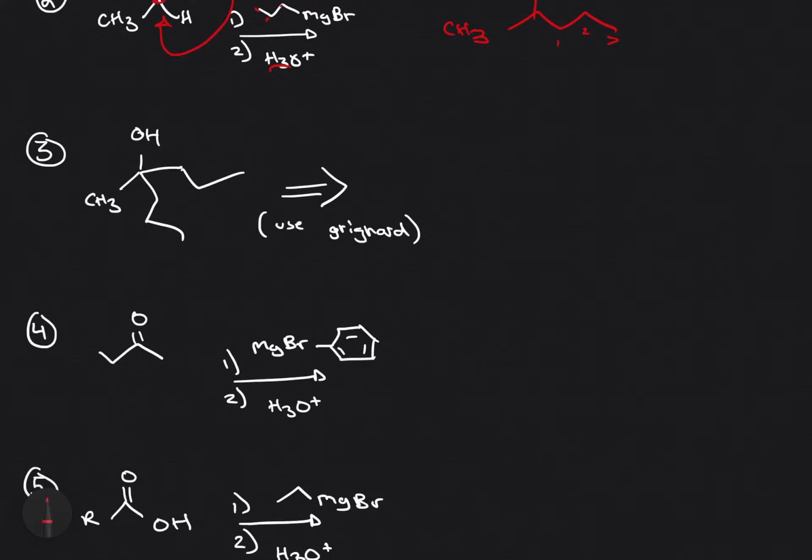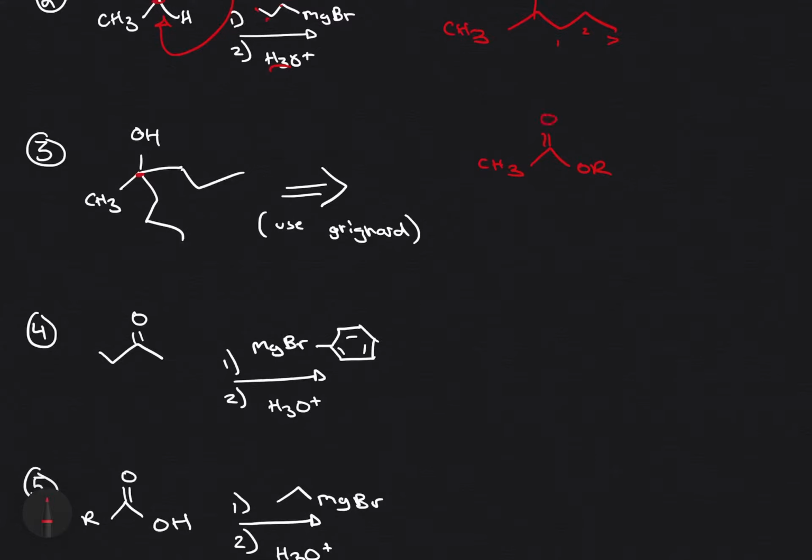Okay, so this is a retrosynthesis problem right here. There are actually several ways you could go about this problem, but let's first look at it the way I drew it. I would say you could start with either an ester or an acyl halide.